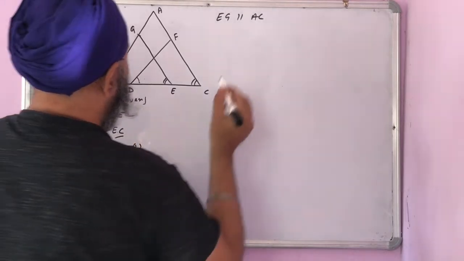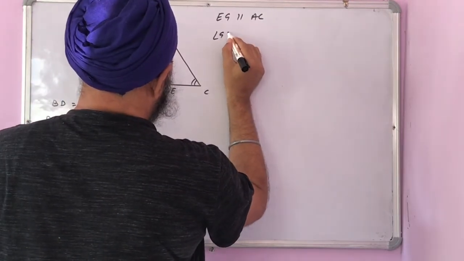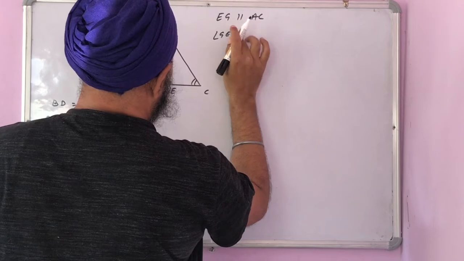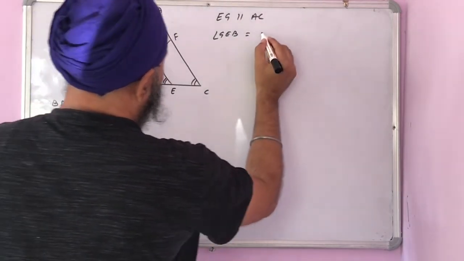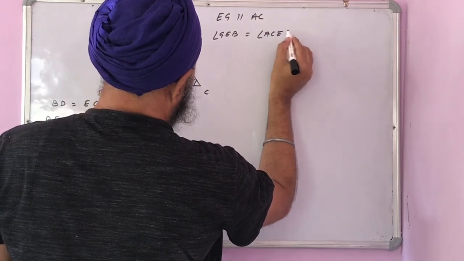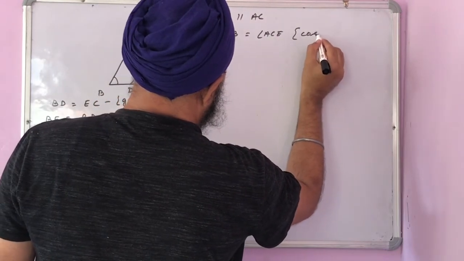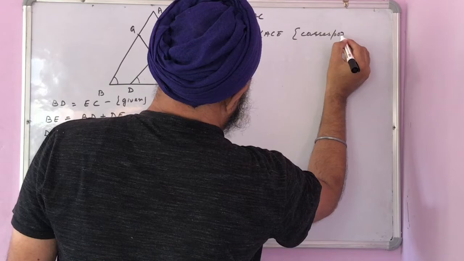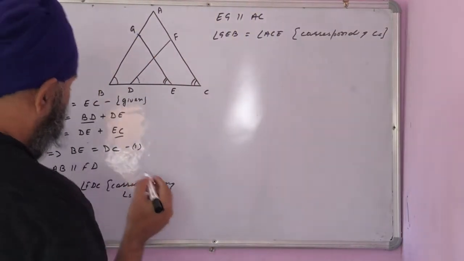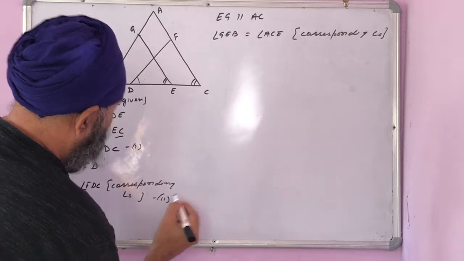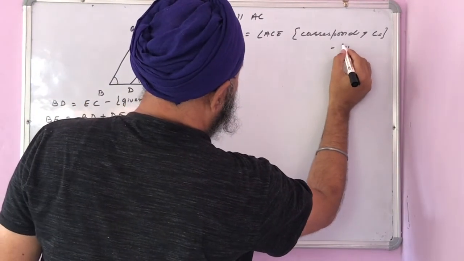So angle GEB is equal to angle ACE, corresponding angles. I write 2 here and 3 here.